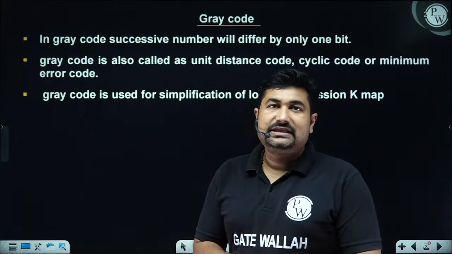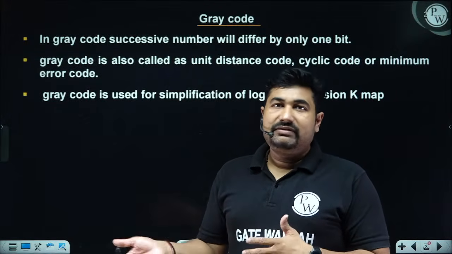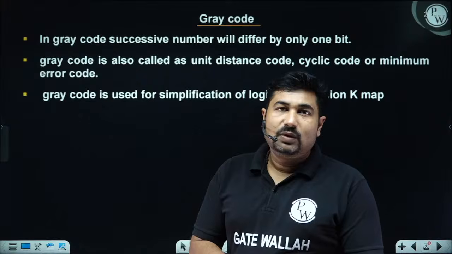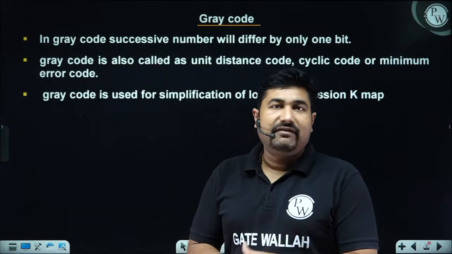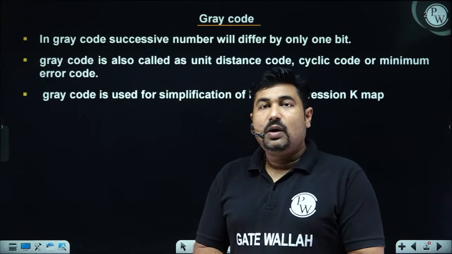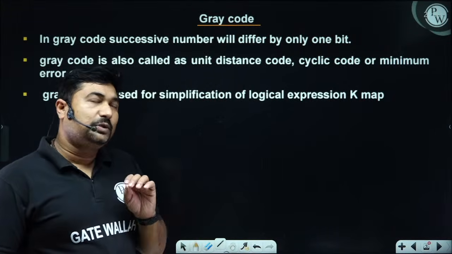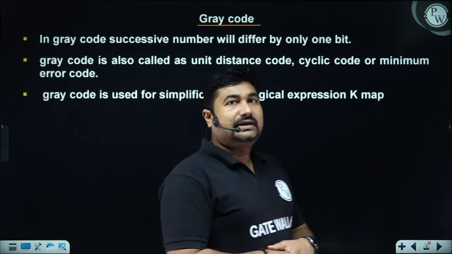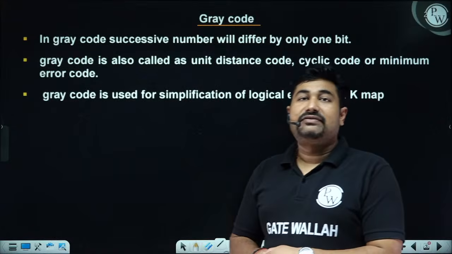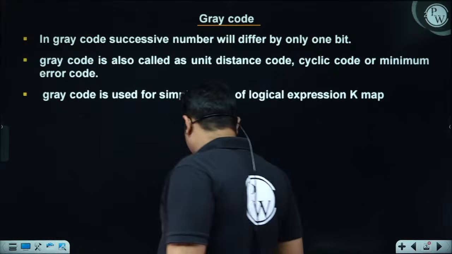In the same way, decimal 2 is represented in binary code as 1 0. In the same way, we have one more code, and that code also has only 2 as its radix, the base is only 2, but we represent it a little bit differently. Now please observe, and that we call gray code.